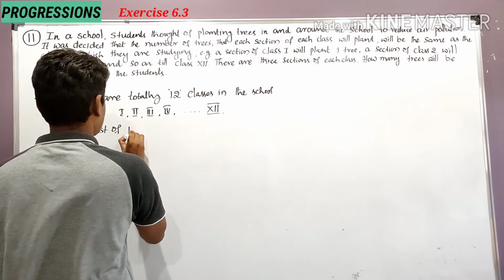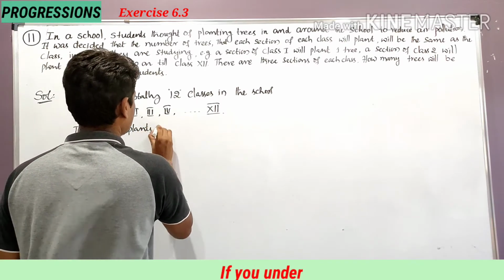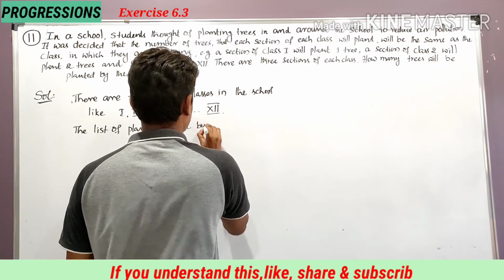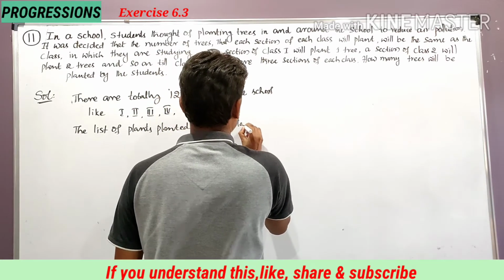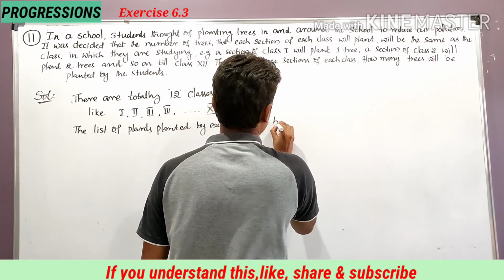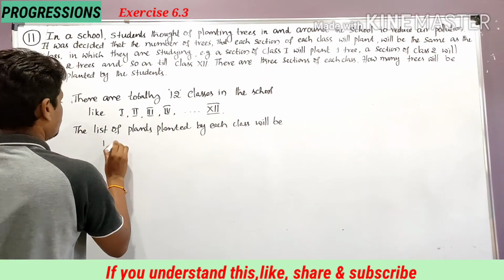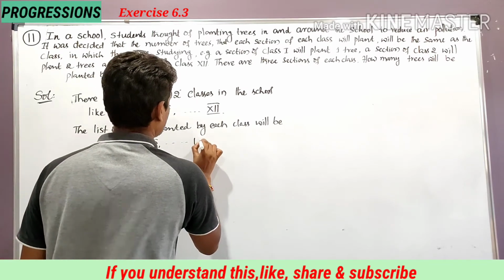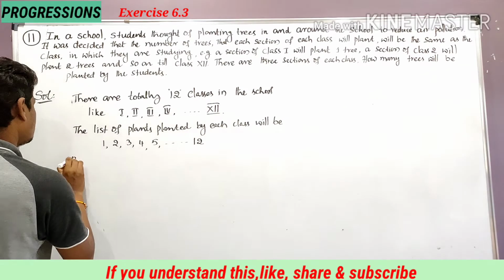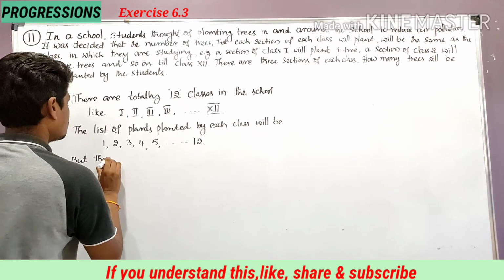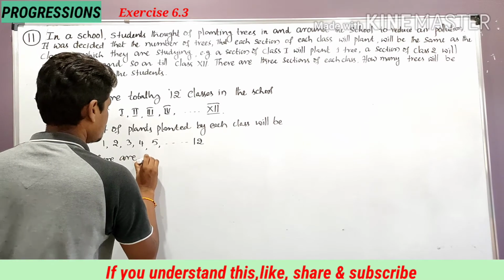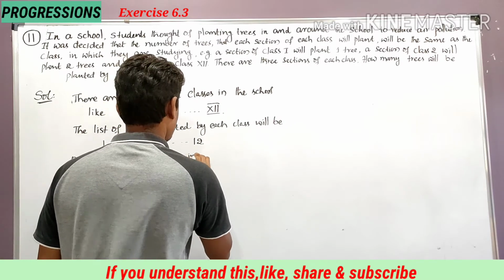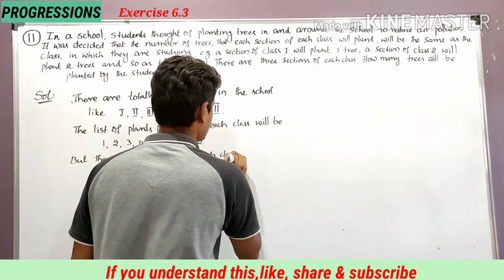The list of plants planted by each class will be 1, 2, 3, 4, 5, up to 12. But there are 3 sections in each class.